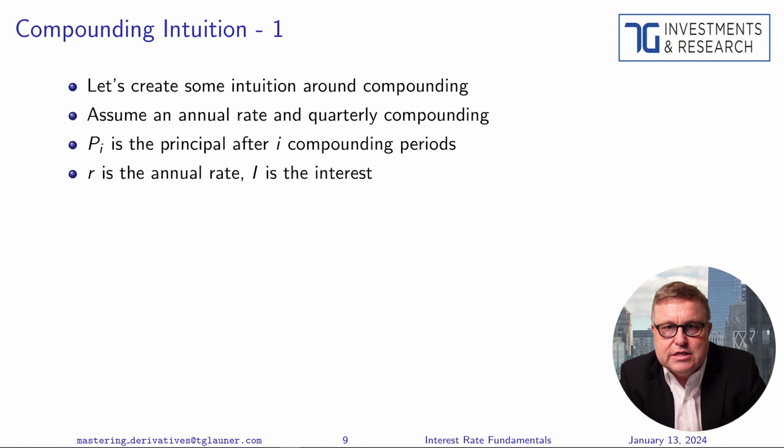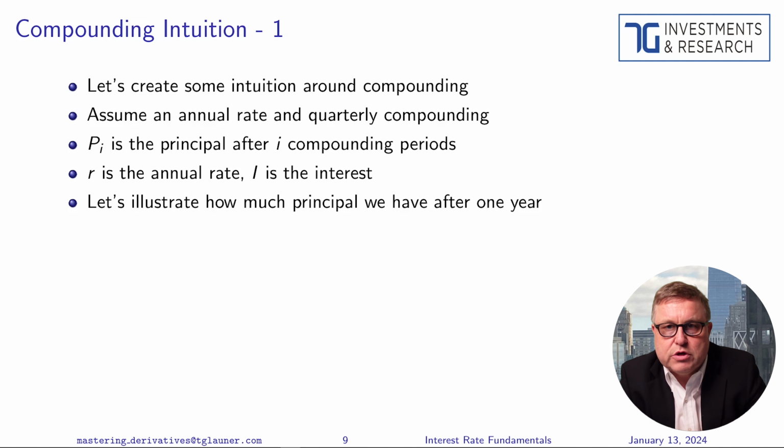So, P0 is the initial principal, and P2, for instance, would be after 2 periods of compounding. Here R denotes the annual interest rate. This is a simple annual rate, and I represents the interest accrued. Let's demonstrate how much principal would accumulate over 1 year with quarterly compounding.